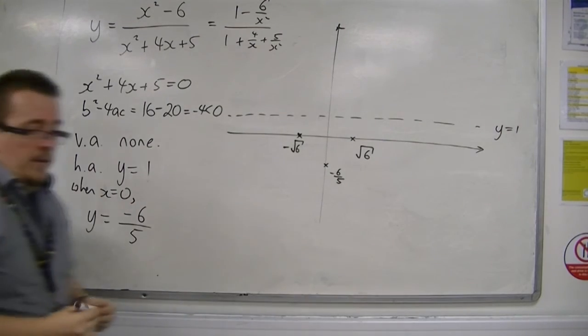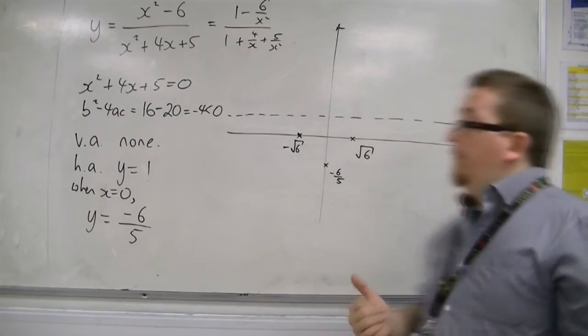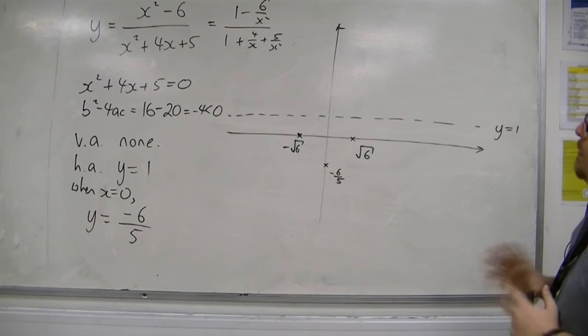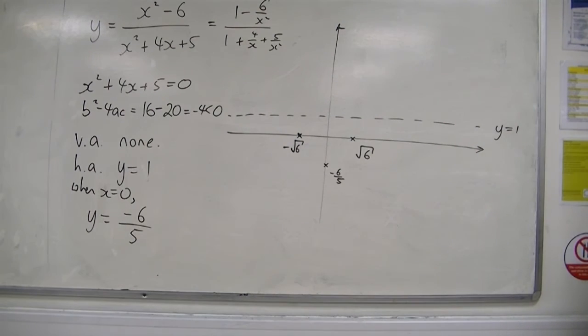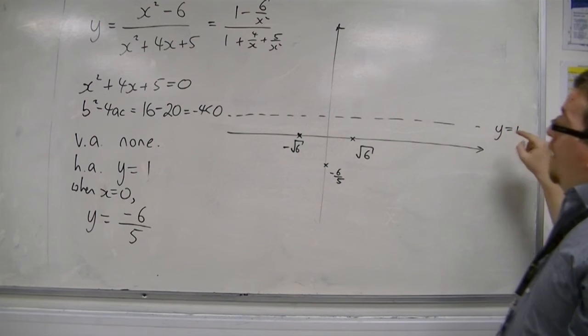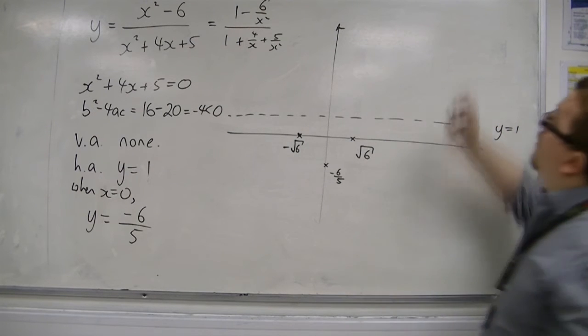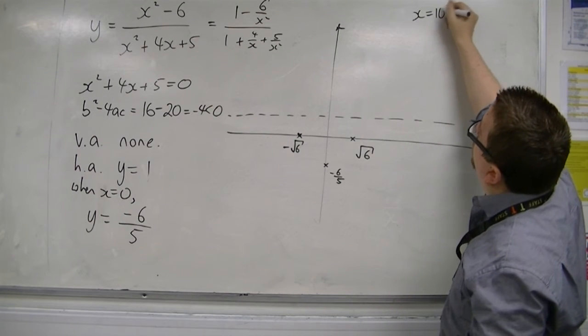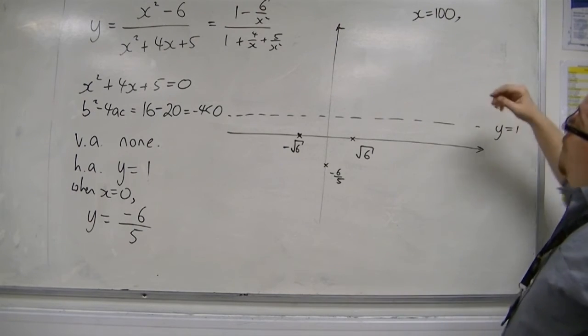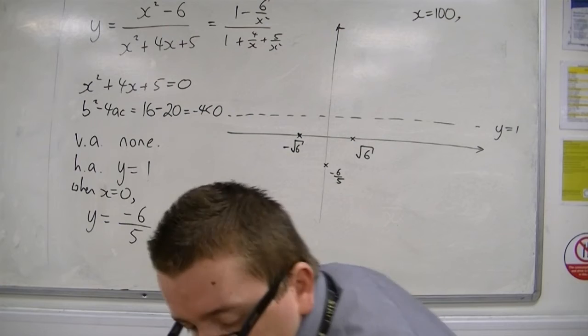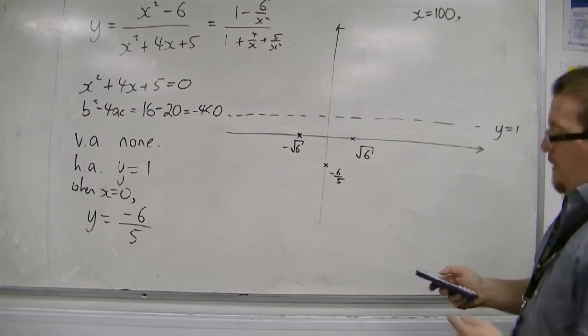Okay? So, last part is trying to determine what's happening at the asymptotes. As x gets very, very large, so let's try when x is 100. Let's see what we get. So we're going to plug that into the calculator.